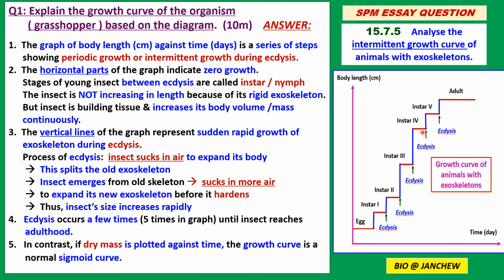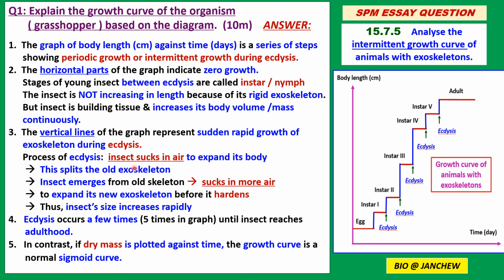The insect is not increasing in length because of its rigid exoskeleton, but it is building tissue and increases its body volume or mass continuously. Then the vertical lines here represent sudden rapid growth of the exoskeleton during ecdysis, where the old exoskeleton is shed and the insect has a bigger, newer exoskeleton.